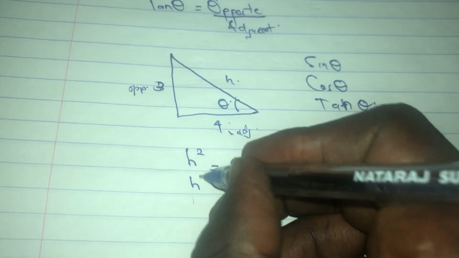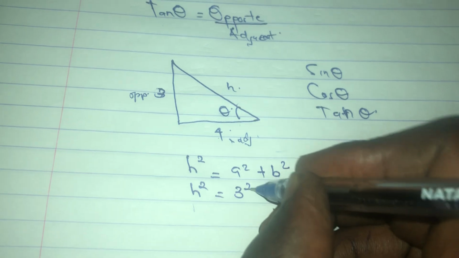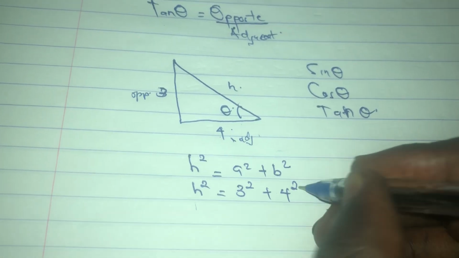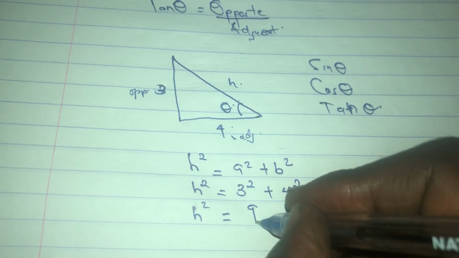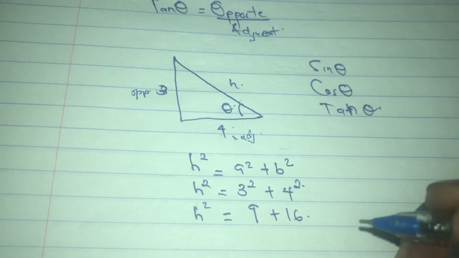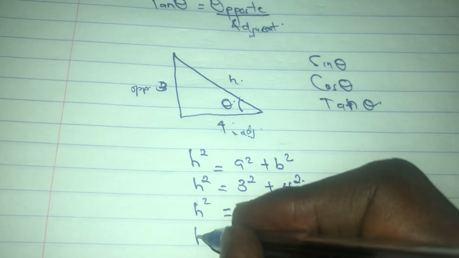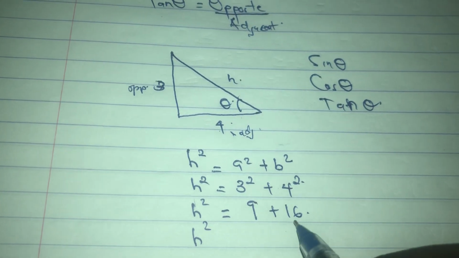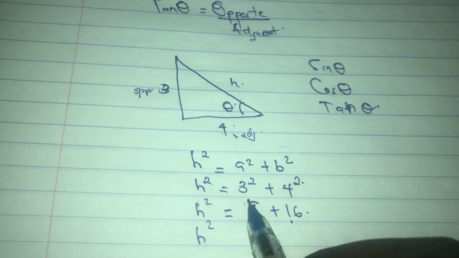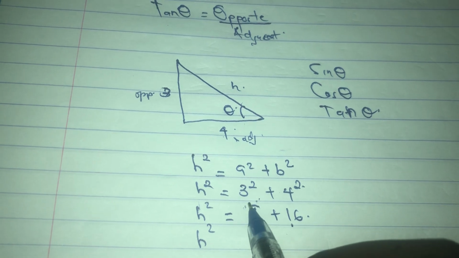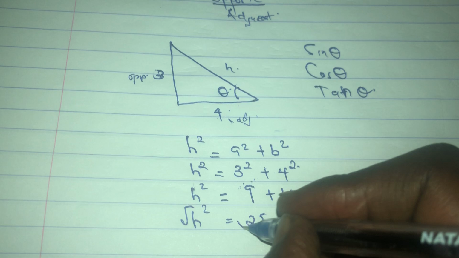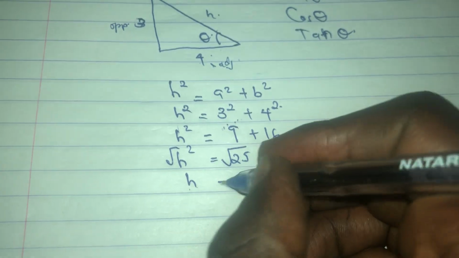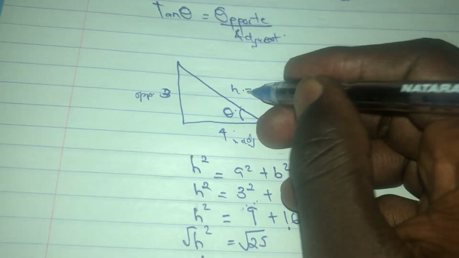So our hypotenuse squared is equal to 3 squared plus 4 squared. 3 squared is 9 plus 4 squared, which is 16. So h squared is 16 plus 9, which will be 25. Get the square root, and our hypotenuse will actually be 5.